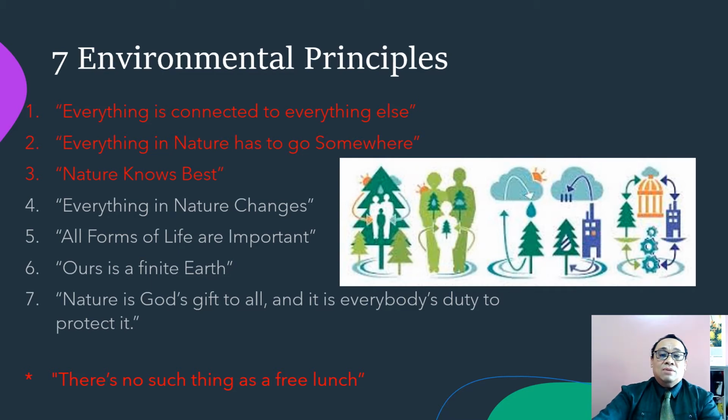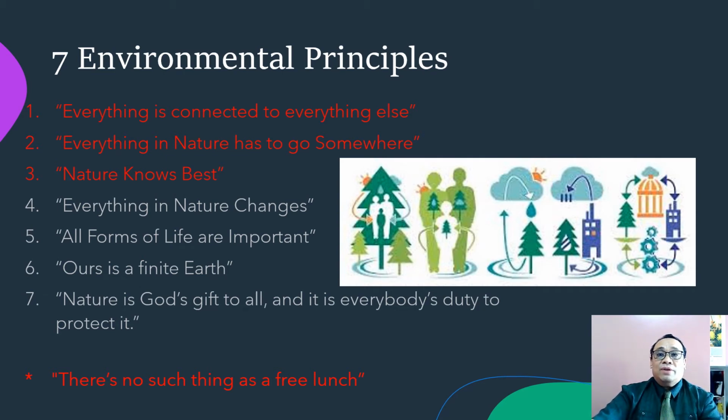And among the four, the fourth one, which is there's no such thing as a free lunch, was no longer part of the seven environmental principles because the statement itself has a profound impact in each and every one of the seven environmental principles, which I will later discuss. So let's state them one by one.